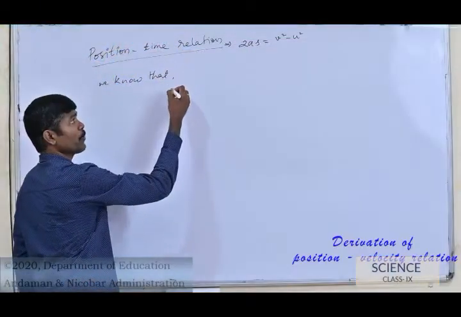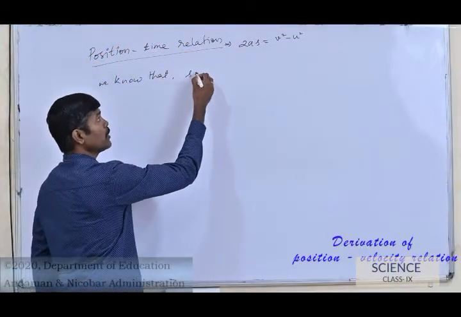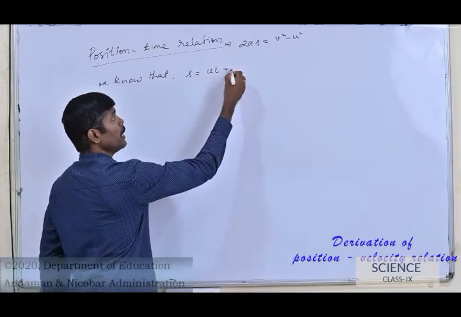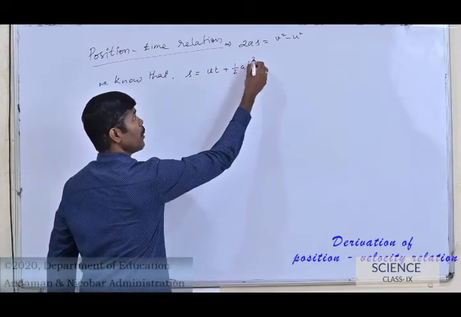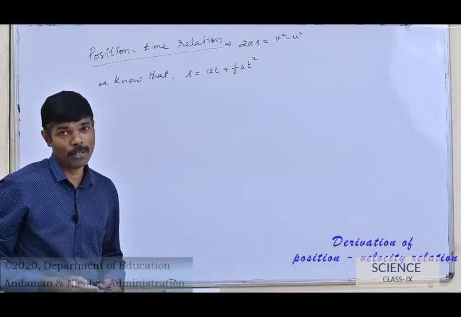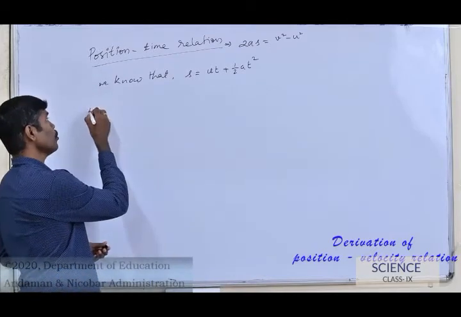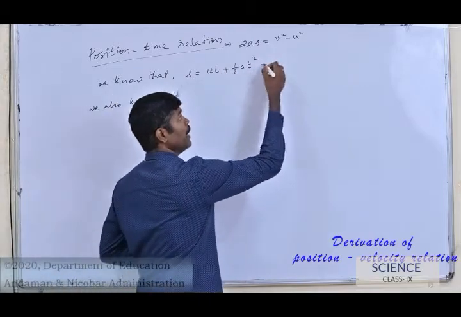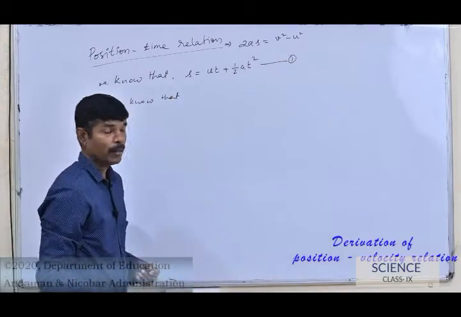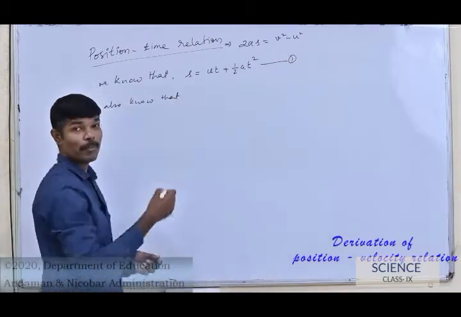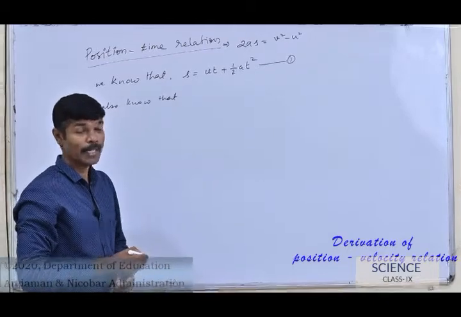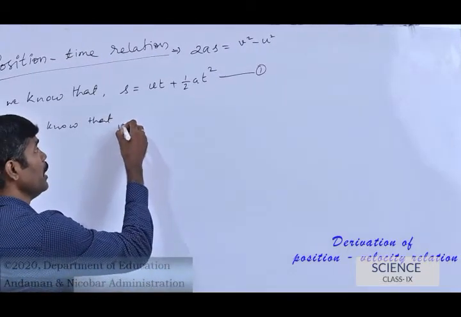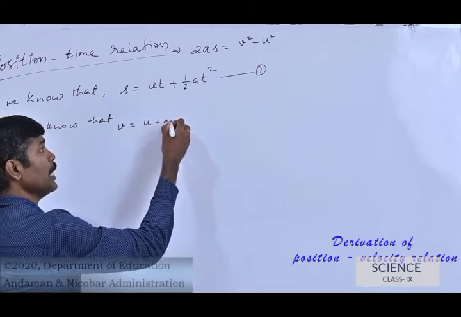We know that s is equal to ut plus half at square, which is our second equation. Here we write this equation as 1. And we know that from the first equation, the velocity time equation, v is equal to u plus at.